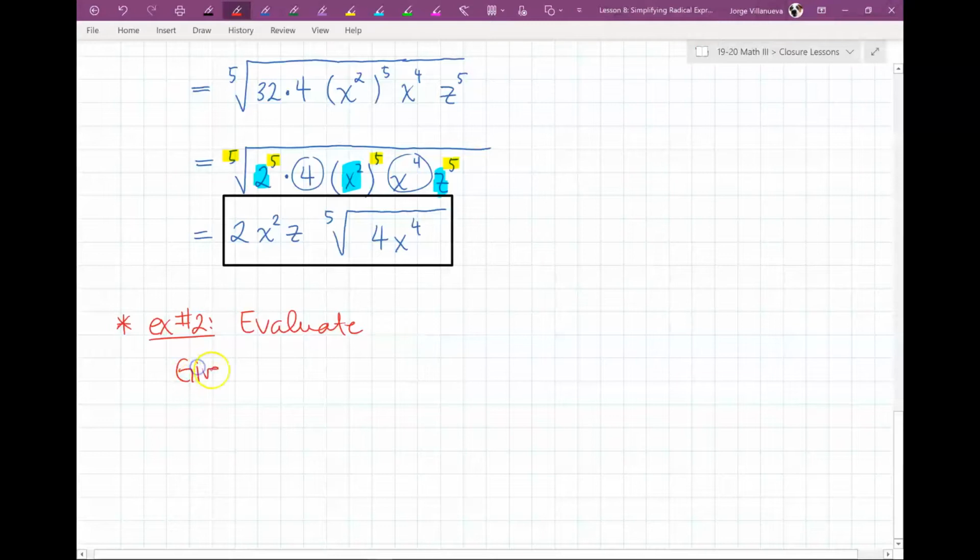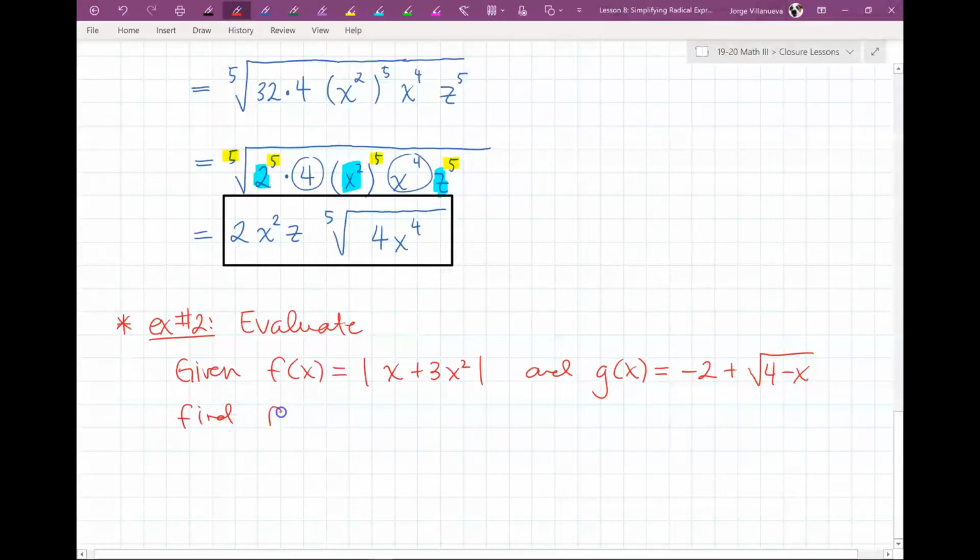And they say given f of x equal to the absolute value of x plus 3x squared and g of x equal to negative 2 plus the square root of 4 minus x, find f of 2 and g of negative 5. In other words, they want us to plug in a 2 into the f function and a negative 5 into the g function. So let's go ahead and do that.